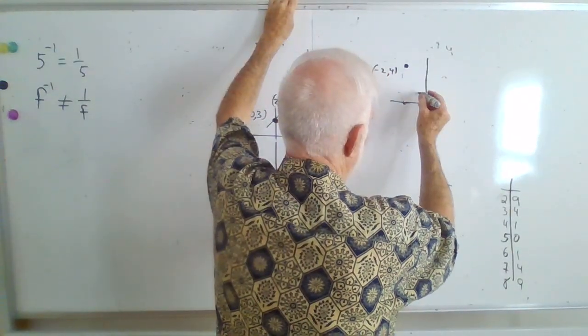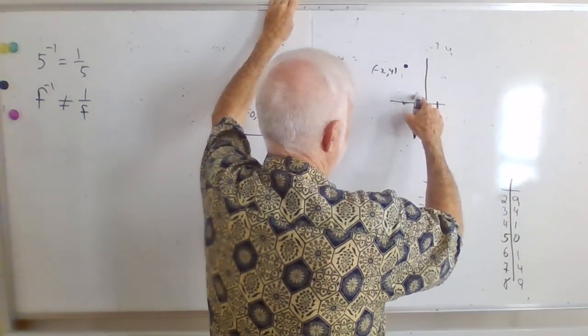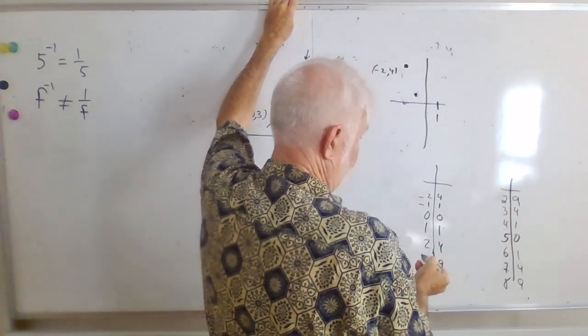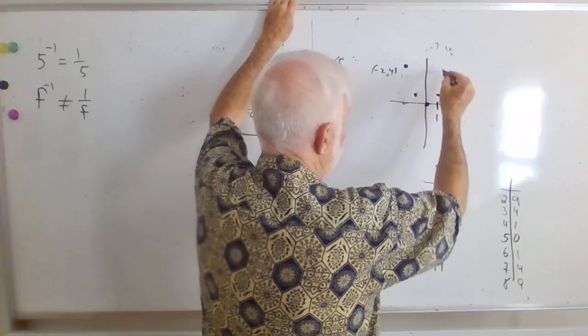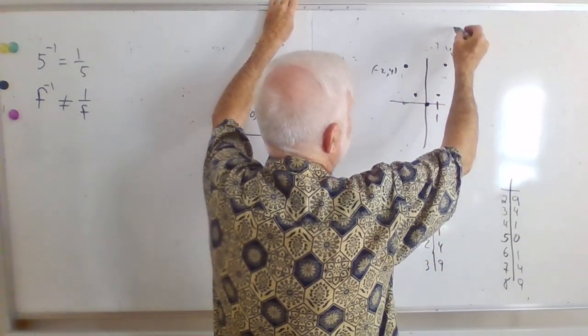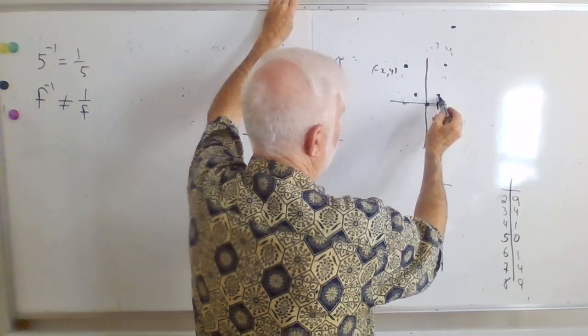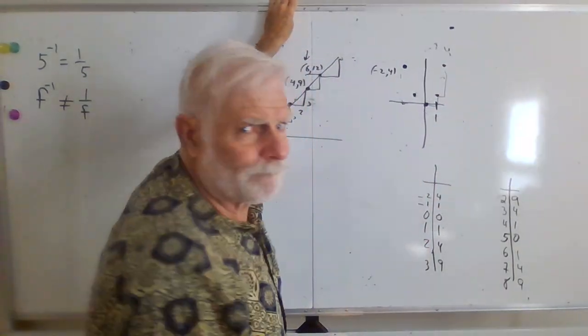Negative 1, 1 would be about here, I think. Maybe a little bit further to the left. There, I think it's there. I think if we continue the pattern here, 0, 0 is here. 1, 1, 2, 4, 3, 9. Oh, those jumps are different. The over-up jump here is very different than there. Yeah, that's not linear.